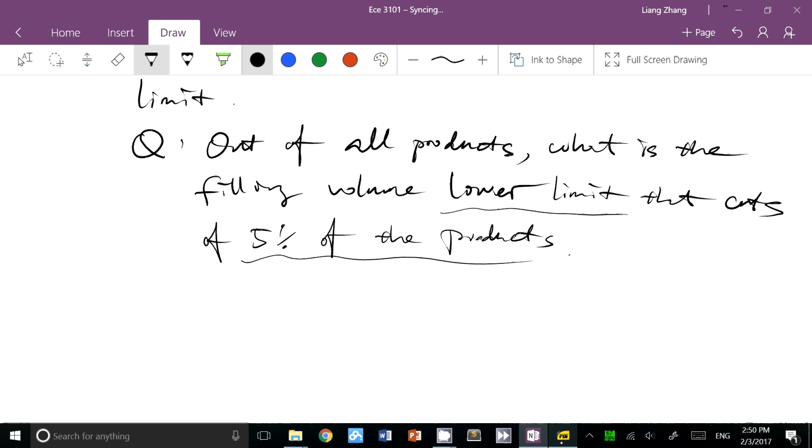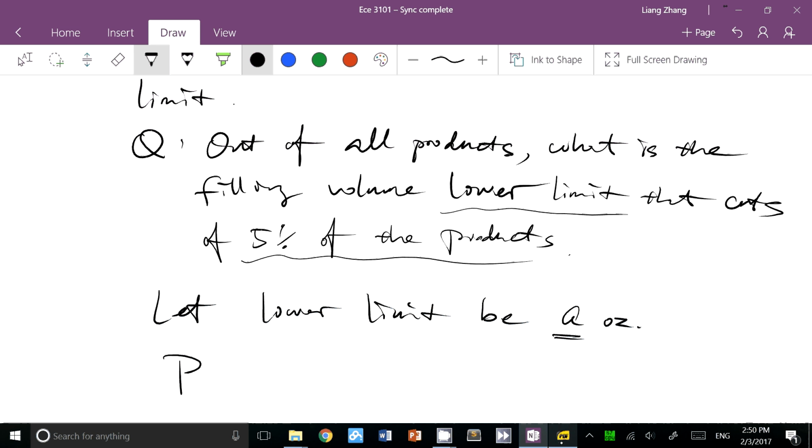We can just let this lower limit be, let's say, A. Well, A is an unknown to be determined. According to the setup, it means the fraction of all parts being produced that the volume is less than A. If you fill less, the customer may not be very happy. You don't want this to happen very often, only 5% of the time.